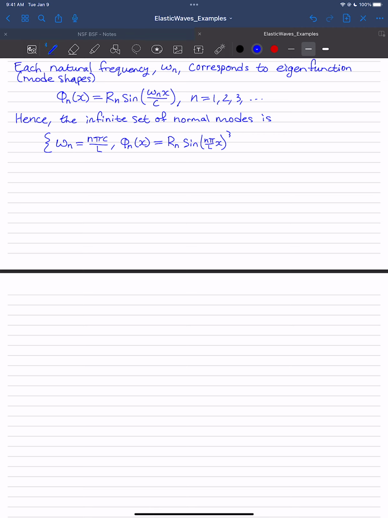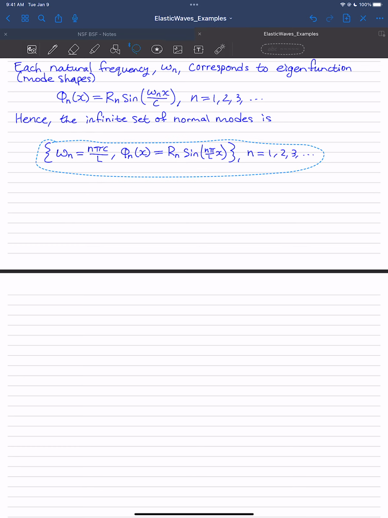And this then is true for n equals 1, 2, 3, and so on. And so then this is actually the answer to this problem. These are now the mode shapes that we were looking for, or the normal modes of vibration.